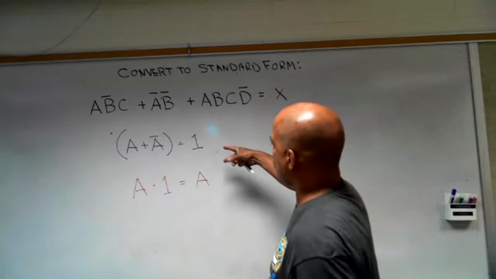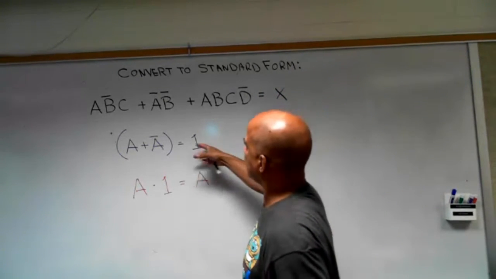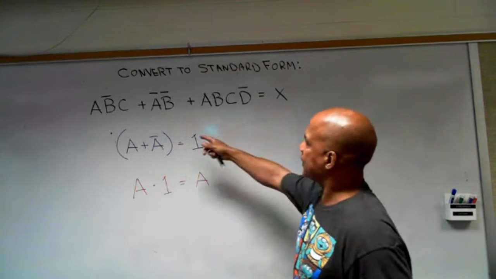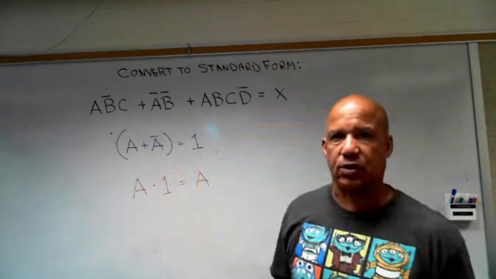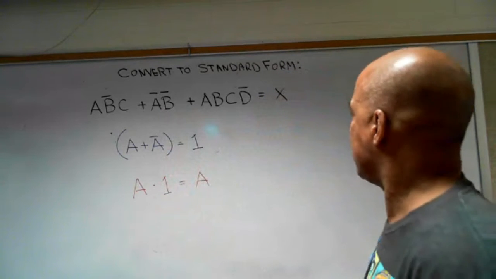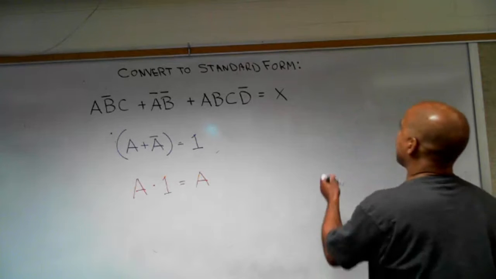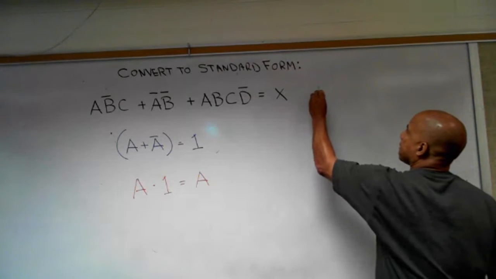So how are these two rules going to help us? Say we take this non-standard SOP. How's it going to help us to convert this to a standard SOP? Well, let's go through it and then you'll see. The first thing I want to do is list out the domain.